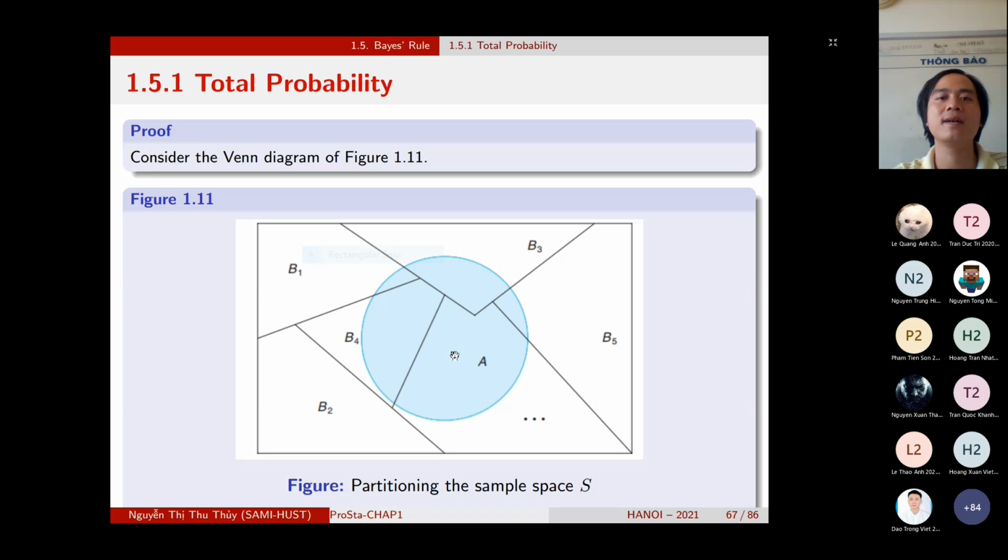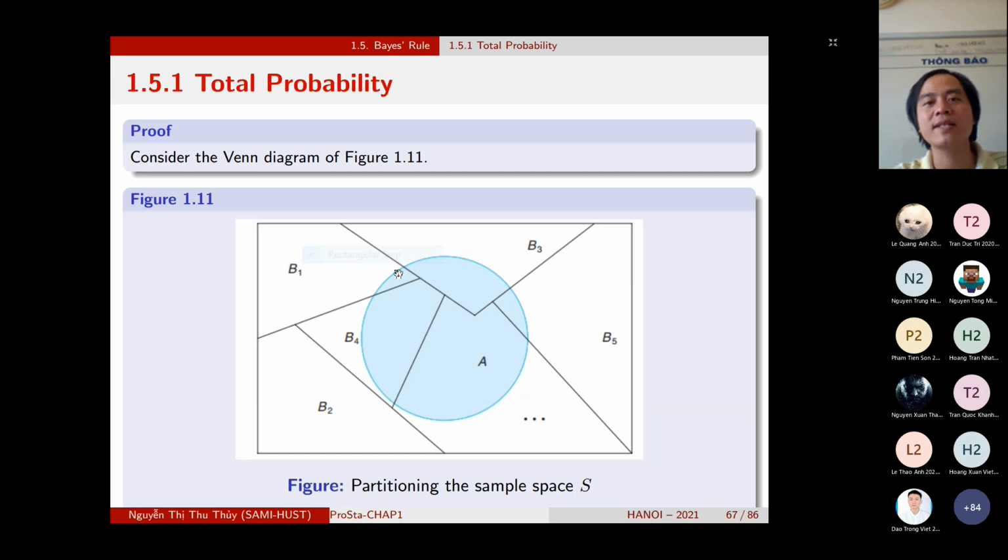So A can be split into, in this case, 1, 2, 3, 4, 5 parts. So the probability of A is equal to the probability of A and B1, A and B2, A and B3, and so on. But then we apply the product rule of probability.